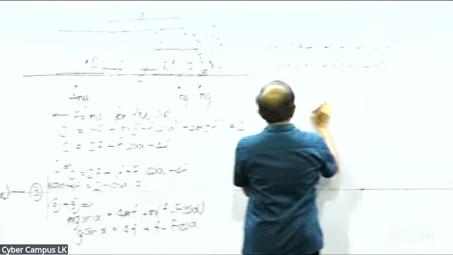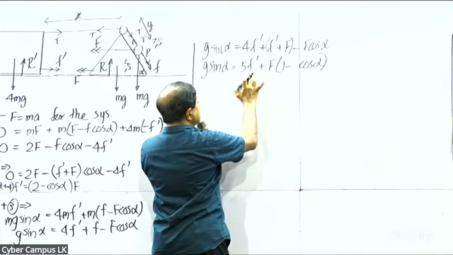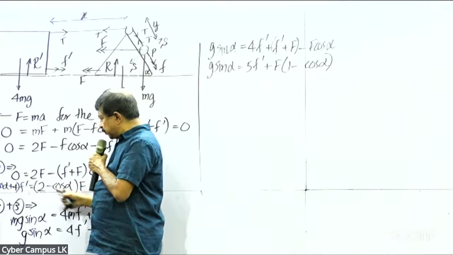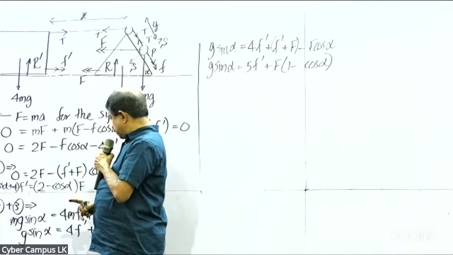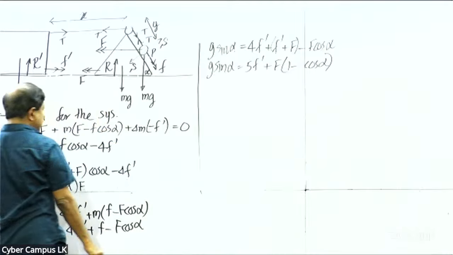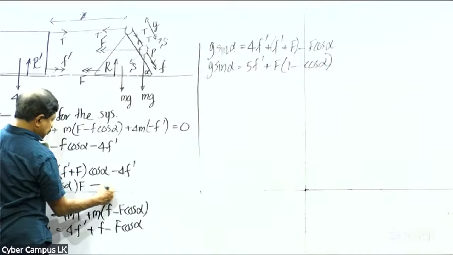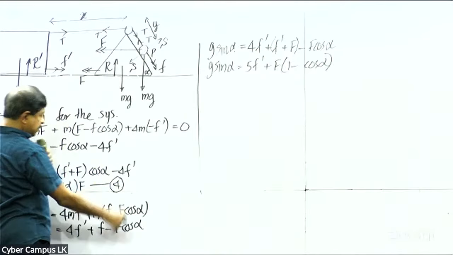Right? Now this is what you have. 5F dash plus this. Now we have to replace F dash using this. I haven't labeled it. Right? 1, 2, 3. This should be 4. Right?